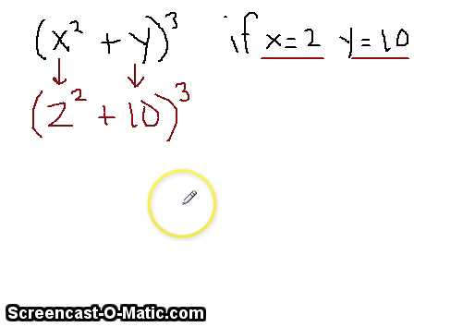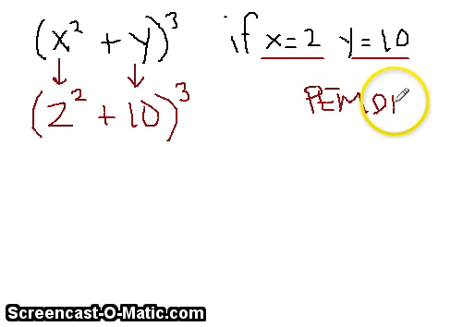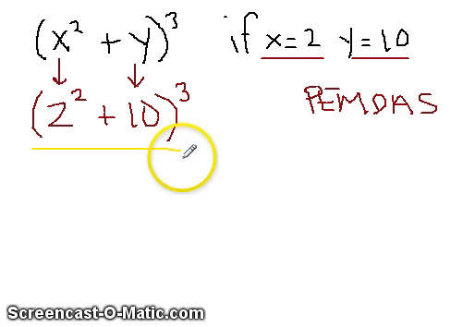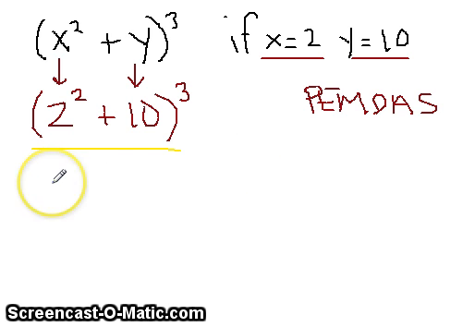Now I'm going to work through my order of operations. So in this case, I want to focus on my parentheses, which in this case inside I have a few things to work through. I have an exponent and addition, so I'm going to do my exponent first. So 2 to the second power is 2 times 2, or 4.